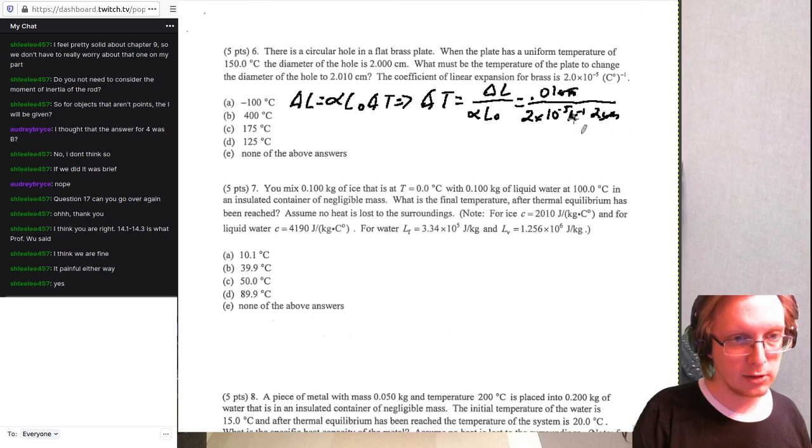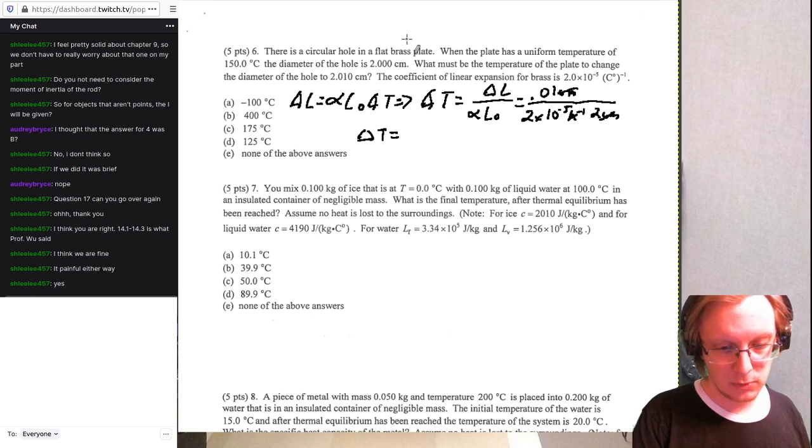Centimeters cancel each other. 1 over inverse Kelvin is Kelvin. So we get change in temperature of a number. 0.01 divided by 2e minus 5 times 2. And execute.